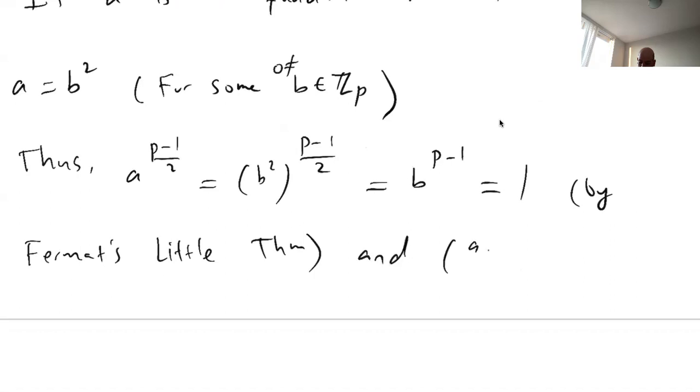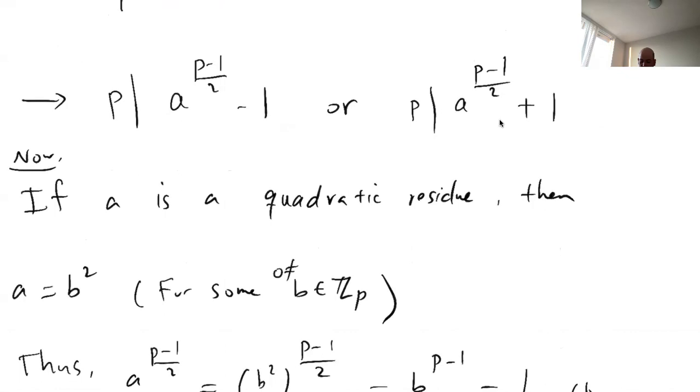And what about A over P? A over P is also 1. So we are saying that case 1, basically. Let's say case 1. If A is a quadratic residue, by definition of quadratic residue, A can be written as B squared.